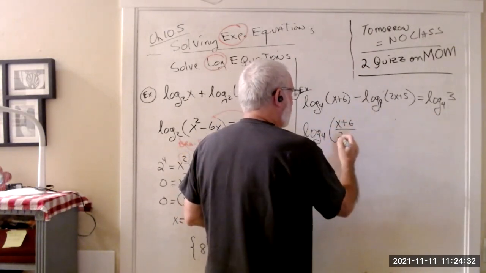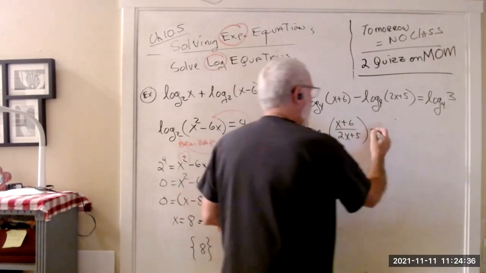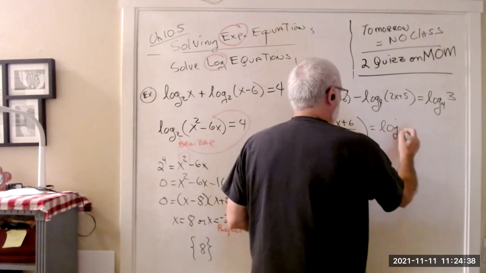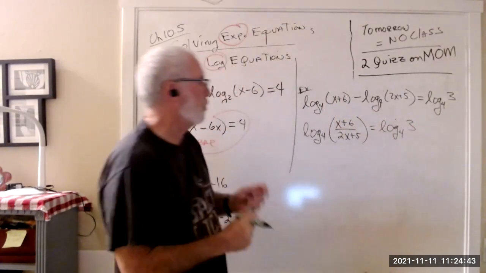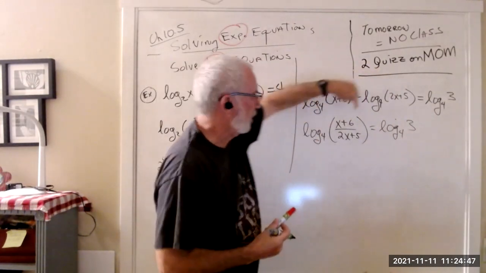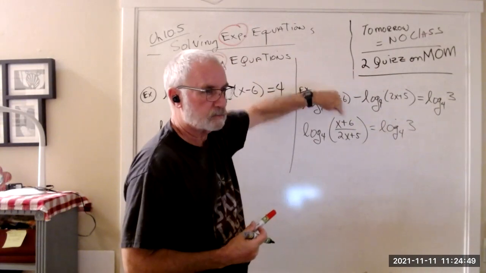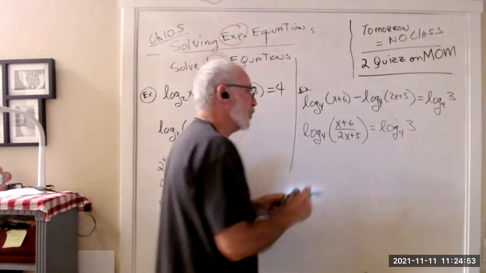First number goes on top, second number goes on bottom. Equals log base 4 of 3. So we condensed these two separate logs into one single log. Now the game here was drop the logs.